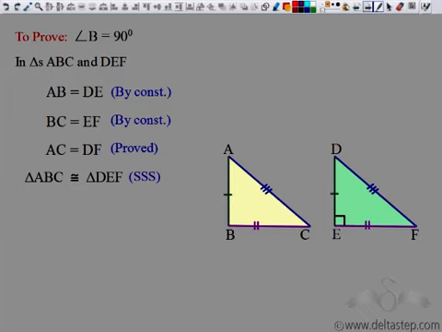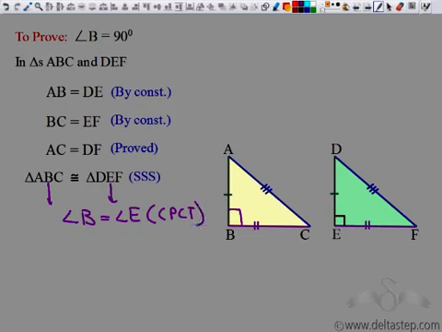Now if these two triangles are congruent, then all the corresponding angles and corresponding sides are equal. Corresponding sides are already equal, so the corresponding angles should be equal. That means angle B would be equal to angle E by CPCT.